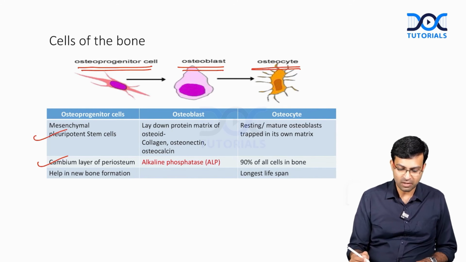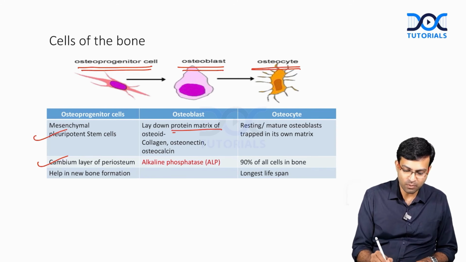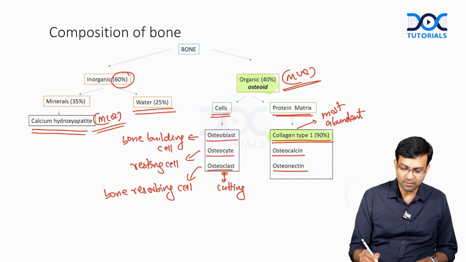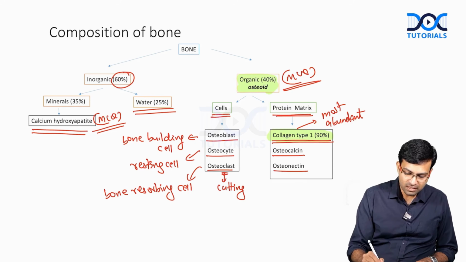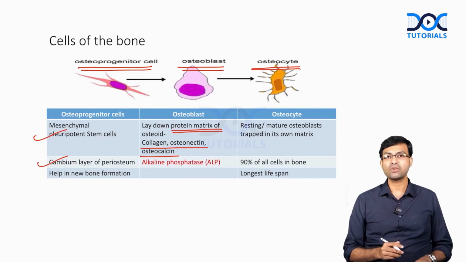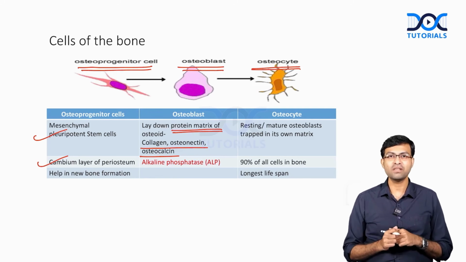These are the pluripotent stem cells. They, when stimulated, get differentiated into osteoblasts. And what is the function of osteoblasts? To lay down protein matrix of osteoid. It produces collagen, osteonectin, osteocalcin, everything. The protein matrix entirely is produced by your osteoblast. It is actually the workhorse of the bone.